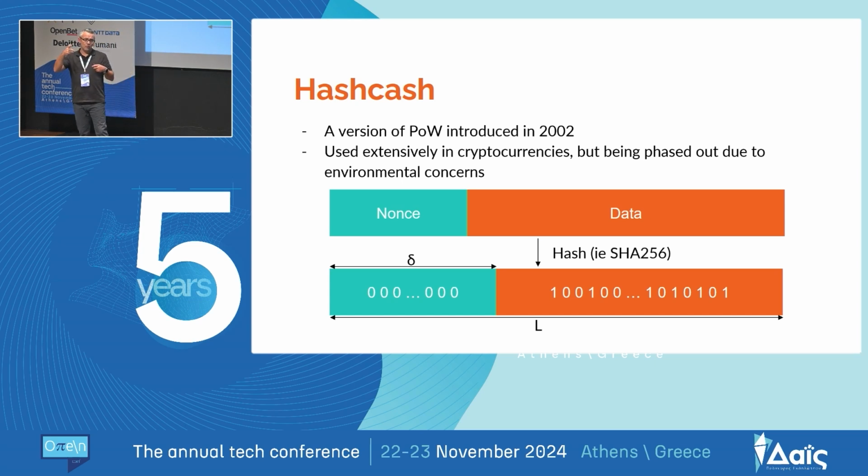I ask that in order for me to consider this a legitimate answer, you have to give me back a response with delta zeros at the beginning of the hash. Of course, you hash the data with a nonce in order to produce a result. Based on this, every increase in delta, for example, if I select 10 zeros at the beginning, is like 2 to the 10th power difficulty. And I can increase this in order to make it much more difficult for you.